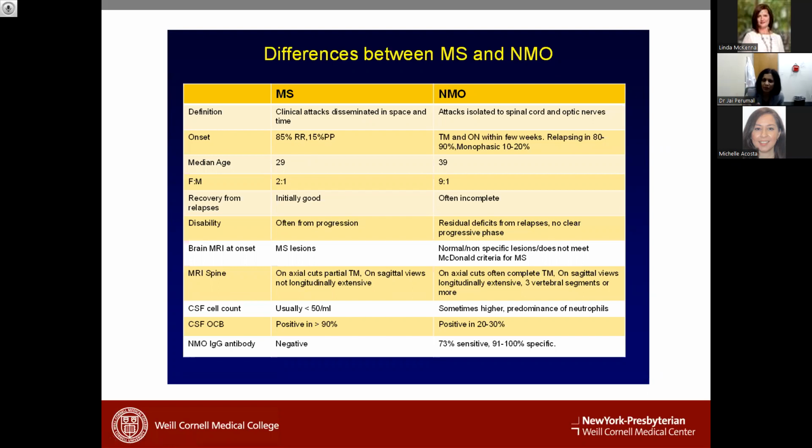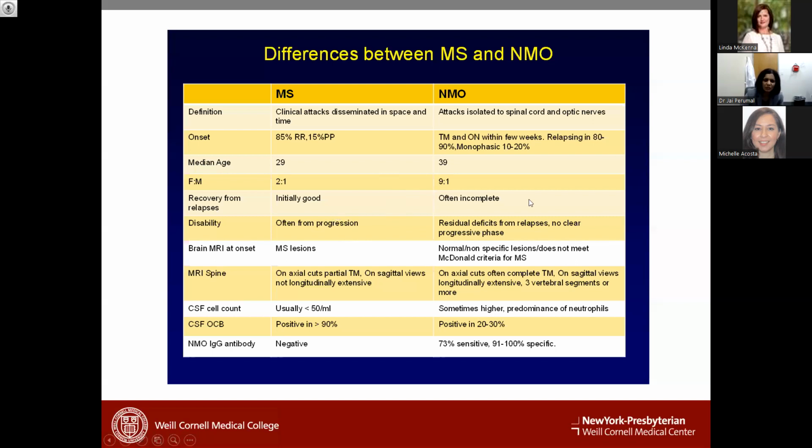Patients have baseline deficits because of residual from relapses rather than a progressive course. The age of onset seems to be slightly older in NMO, and the female to male ratio I had mentioned to you before. In MS, it tends to be lower than the usual autoimmune disease, where the female preponderance is much higher. Recovery from relapses in MS is pretty good.